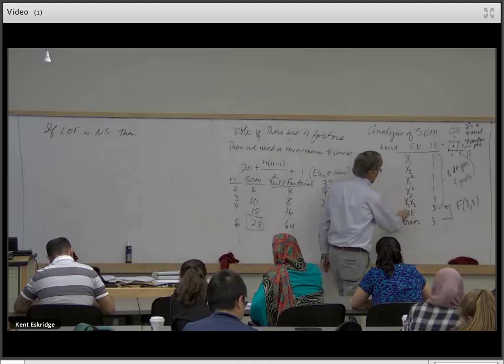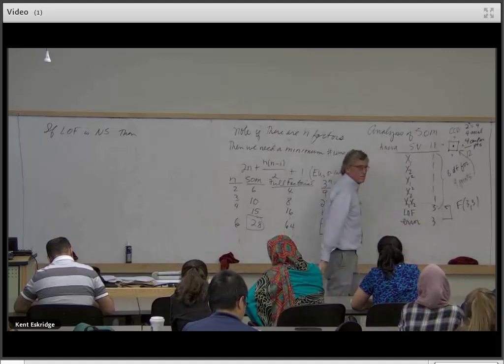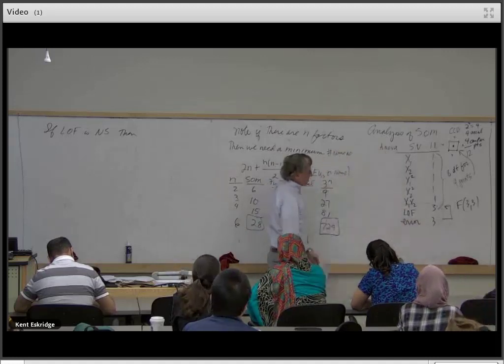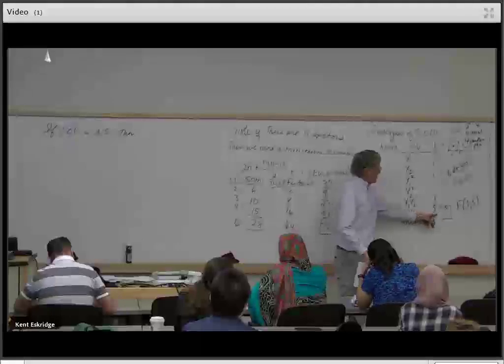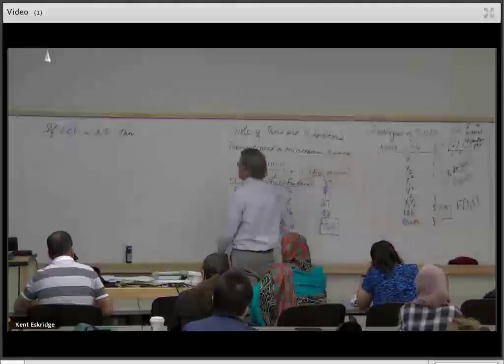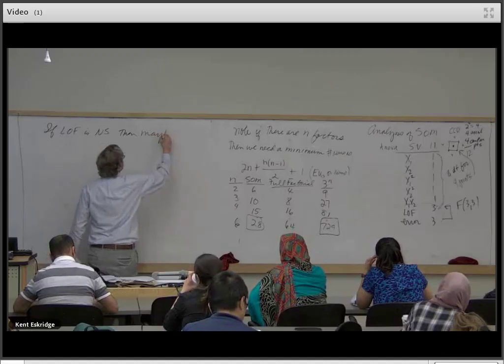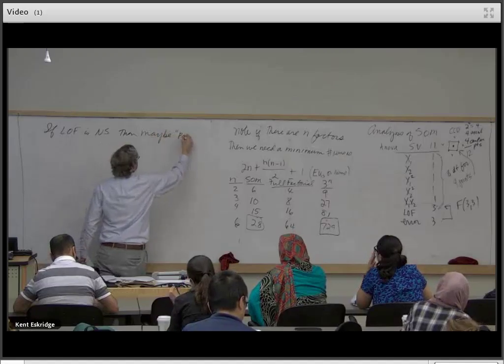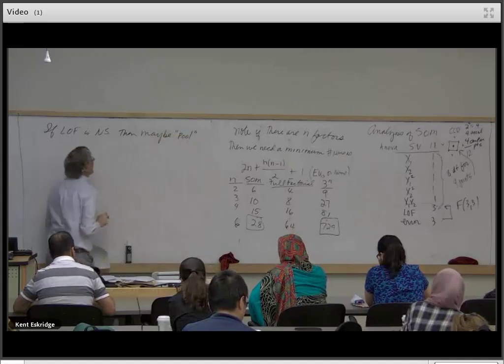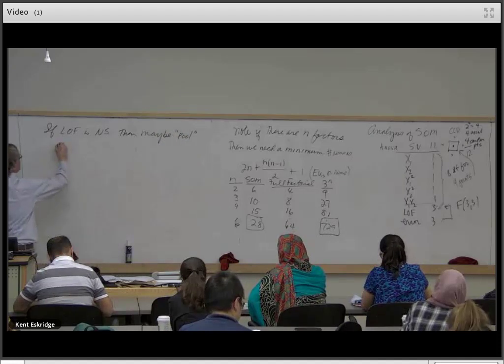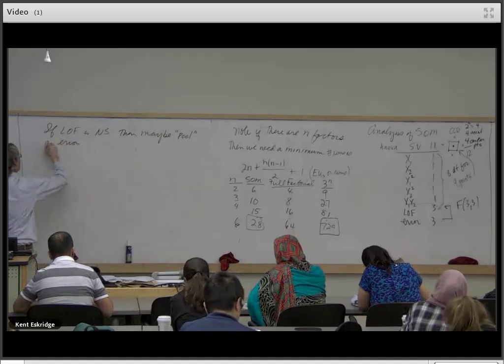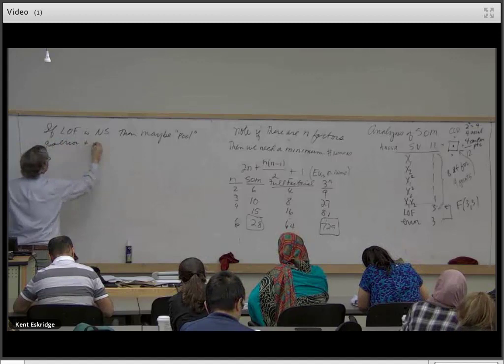Probably just pool those together, right? The lack of fit is estimating error anyway. Maybe you can pool then. Okay, pool the pure error plus the lack of fit.